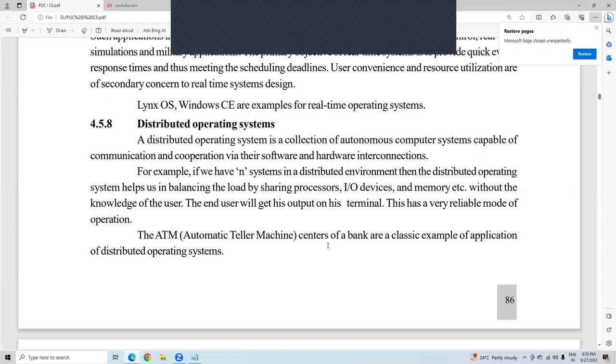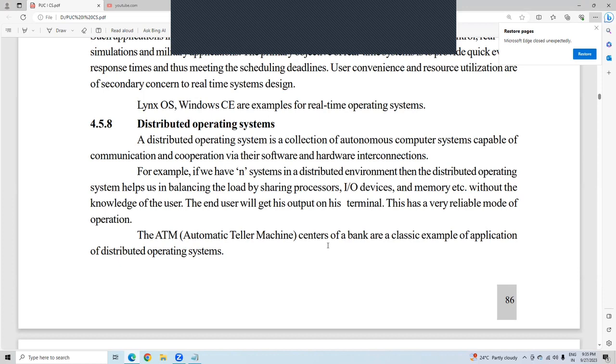If we have n systems in a distributed environment, then the distributed operating system helps us in balancing the load by sharing processors, I/O devices, and memory, etc. Without the knowledge of the user, the end user will get his output on his terminal. This has a very reliable mode of operation, right? So for distributed operating systems, centers of a bank are a classical example of application.